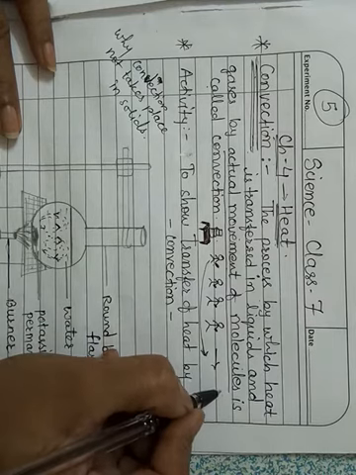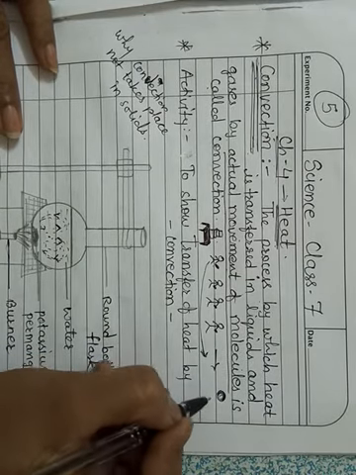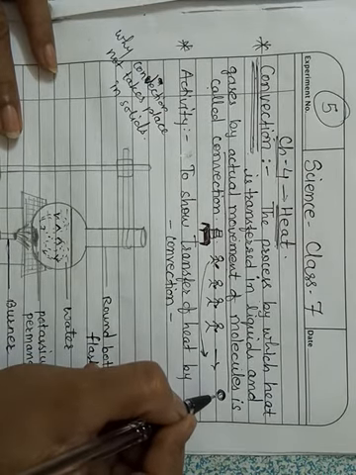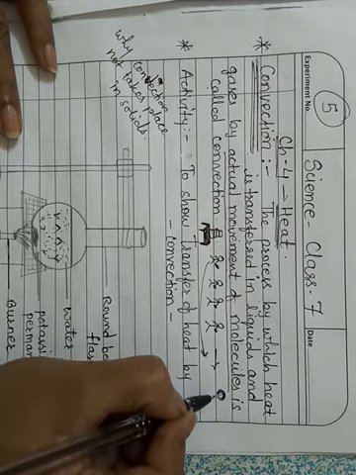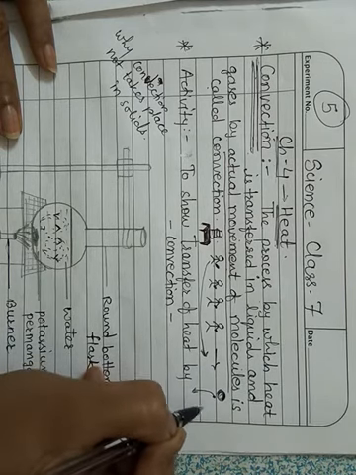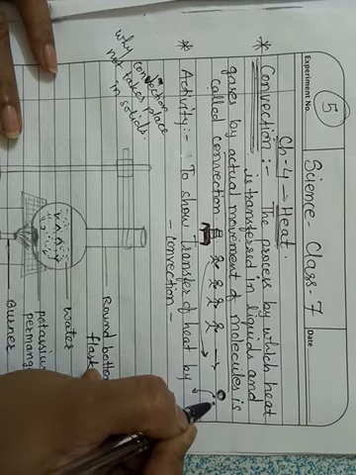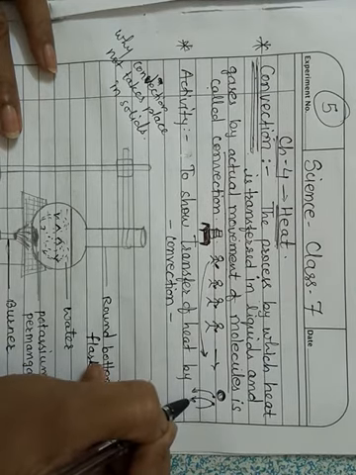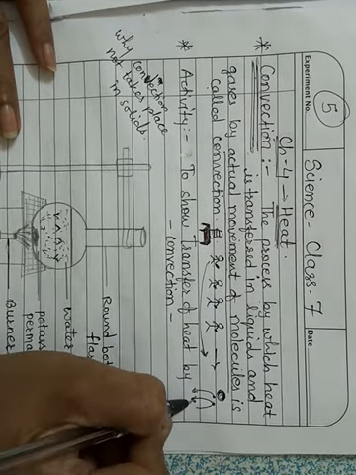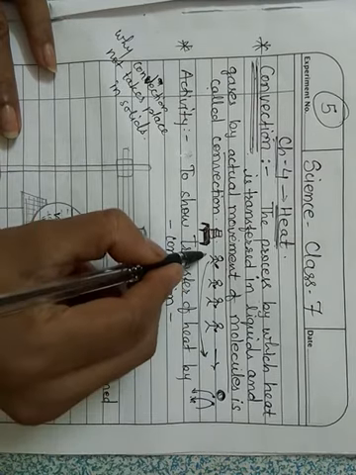Suppose this is the source of heat. The molecules come to the source, gain heat and move. Again the next molecule comes, gains heat and moves from that source. Okay, so in this way you will understand.